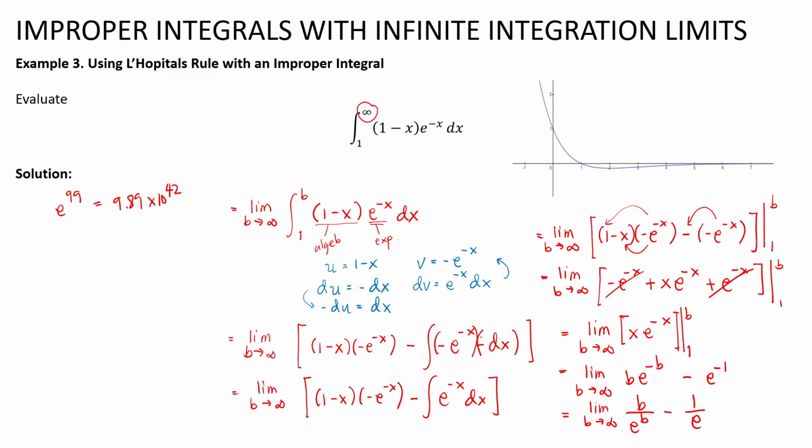So what does this give us on the left side? b all over infinity, all over e raised to infinity, minus 1 over e. So what do you think is the answer for this one? Medyo libog siya, no?